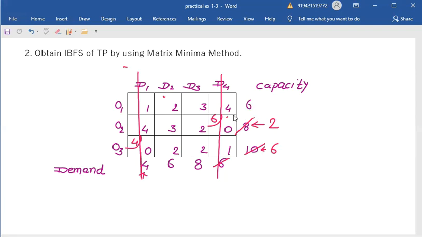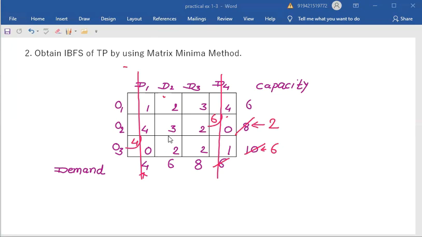So at a time, supply will exhaust and at the same time the requirement is also satisfied. So we have to cross the first row as well as the second column, because the requirement at the second warehouse is satisfied as well as the supply at the first factory exhausted.